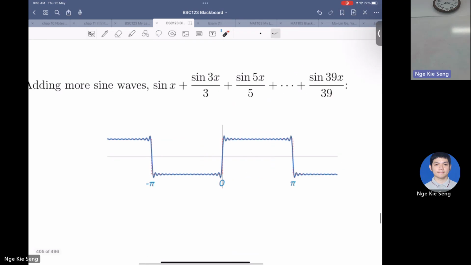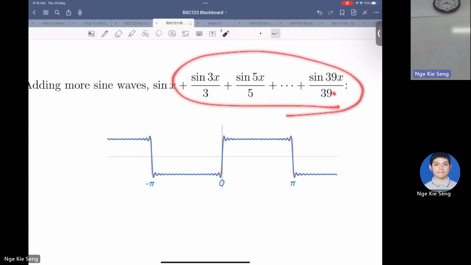So there are two functions here. One is the original square wave. The other is what we call the Fourier series, when we take this sum to infinity. Here is just a partial sum; we stop at 39.